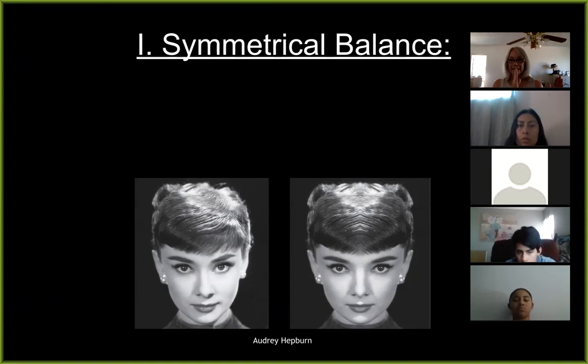Take the remaining half, duplicate it, and flip it over horizontally. And then you'll position those, and you'll see what you will look like if your features were perfectly symmetrical.